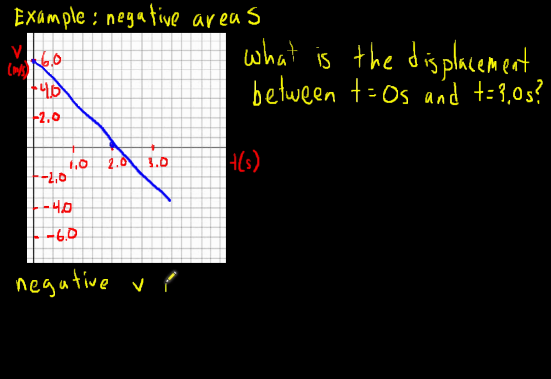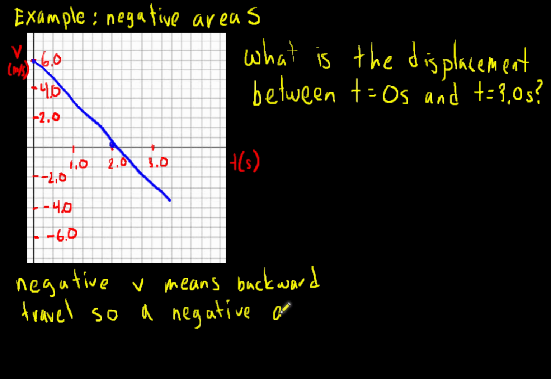So remember that negative v means backwards velocity or backwards travel. So negative area doesn't actually mean negative. Negative area means backwards displacement.